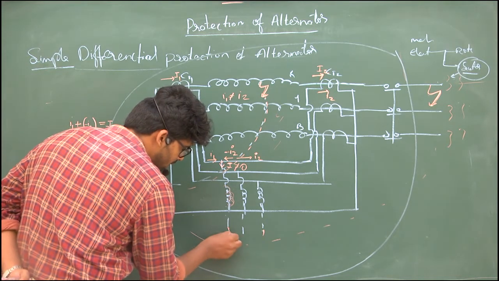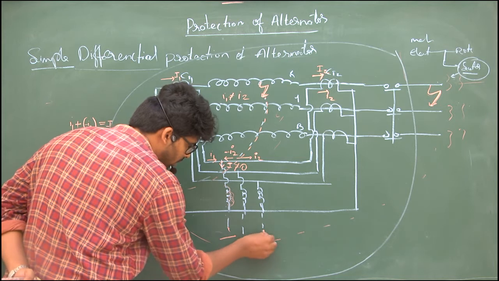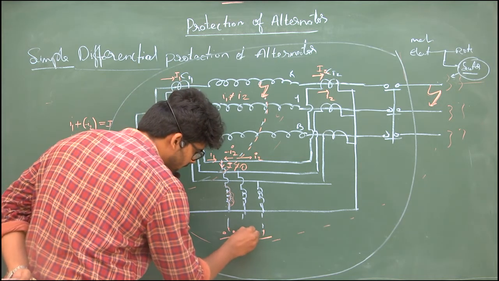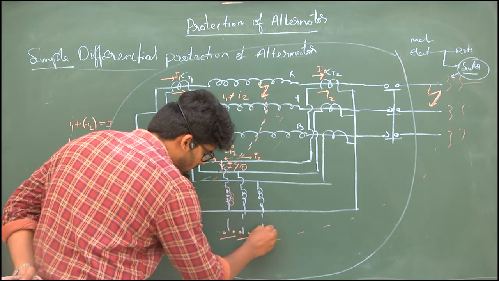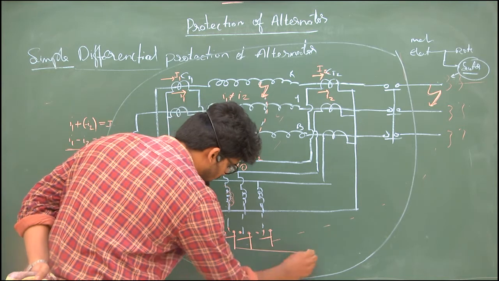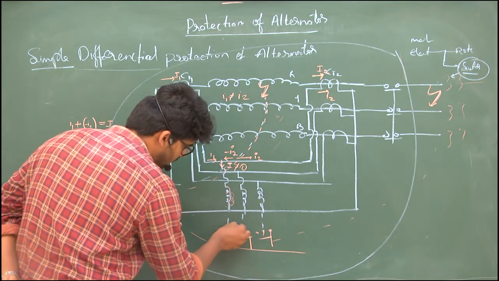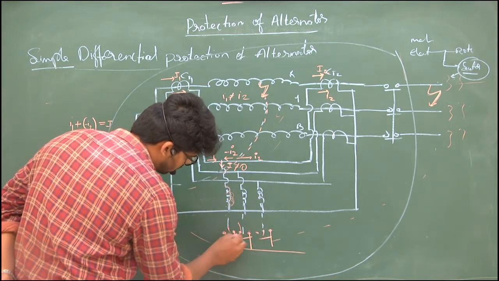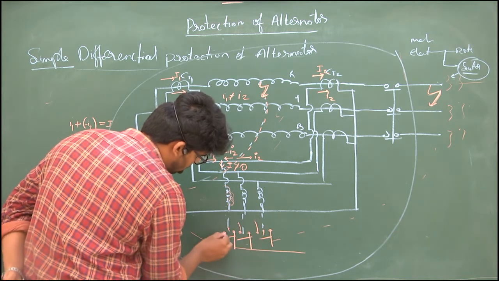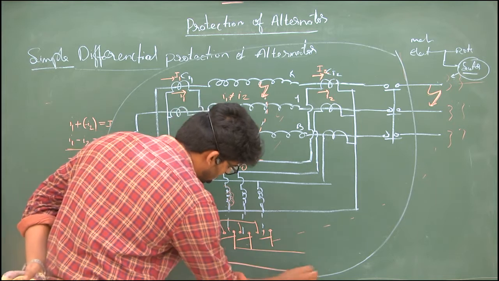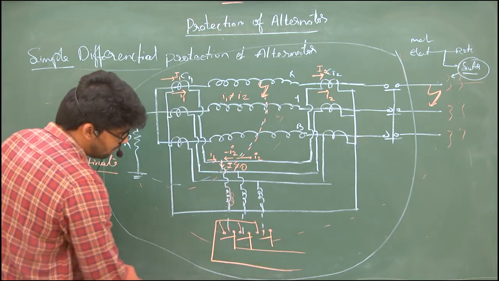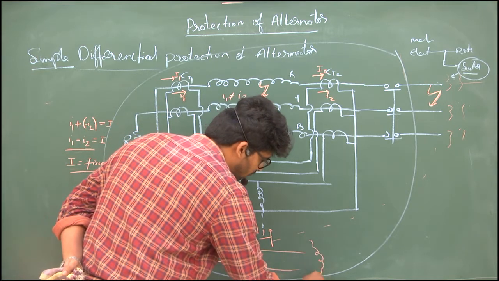For example, this is a contact which has to be closed, and it has a switch like this. The other terminal is connected in that direction, and this will be connected to the trip coil.